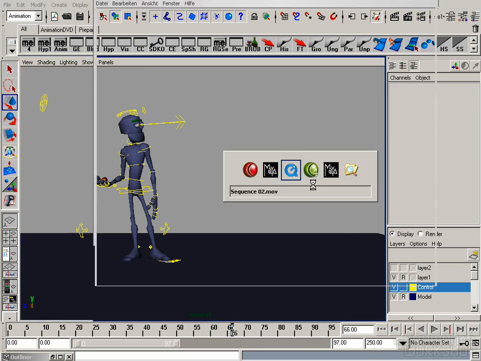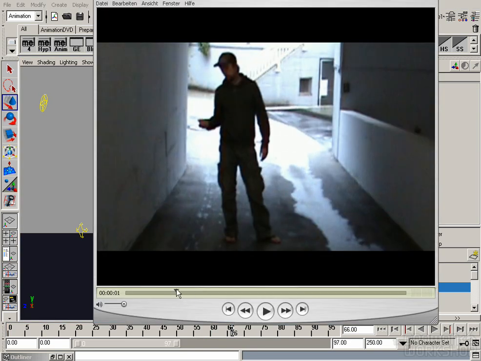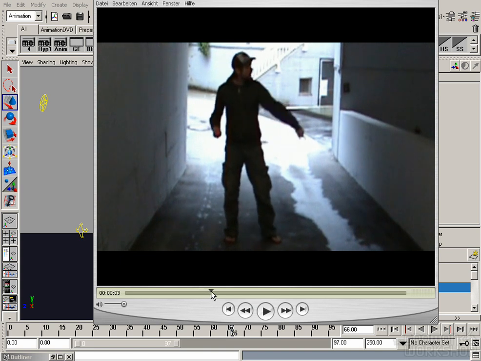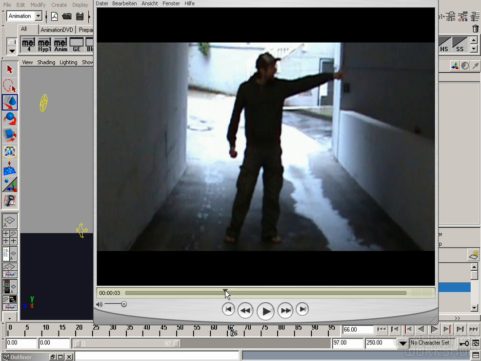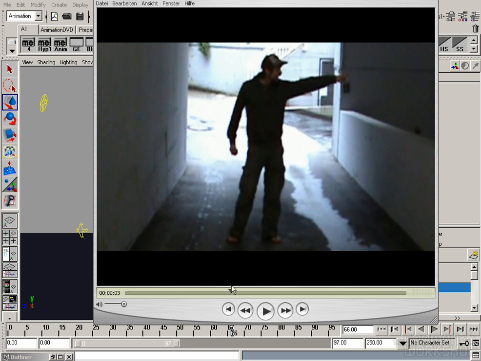Not linear, not stepped, I work in splines. So this is my pose, exactly. And this will be the next one. Shifting of weight and rotating the hip, as you can see.